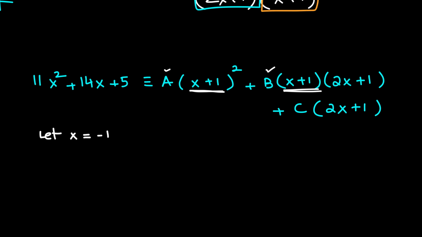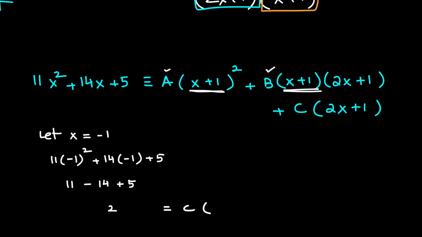So if I take x equal to -1, 11 into -1 square, 14 into -1 plus 5. Let me simplify it first. This is 11. This is -14. This is 5. 16 minus 14 is 2. I'm left with a 2. Similarly, on the right hand side, c is multiplied with 2 into -1 plus 1.